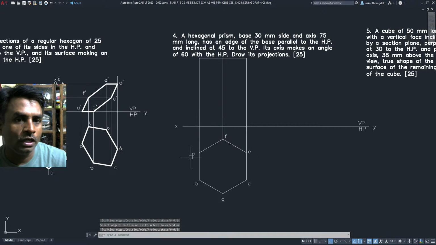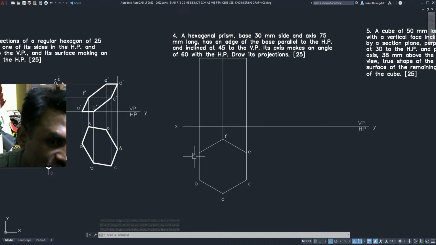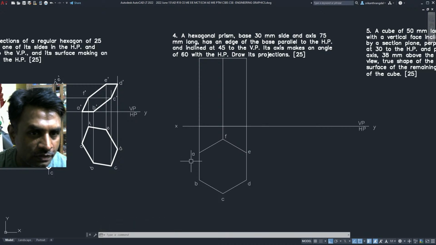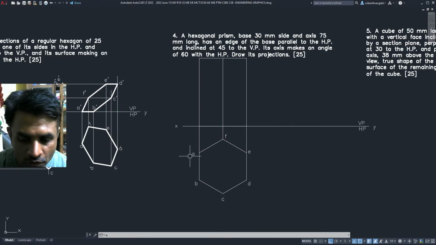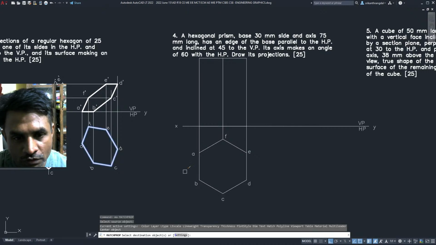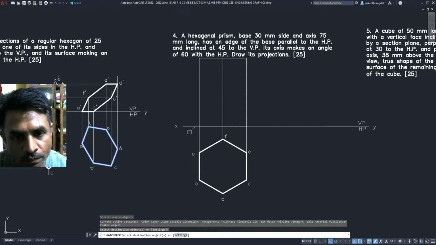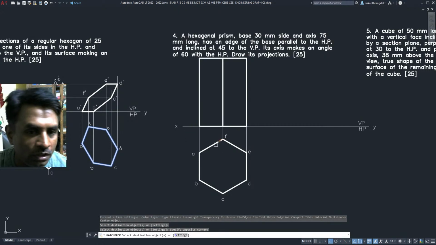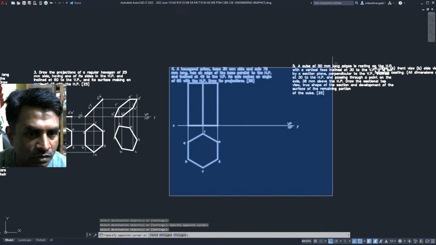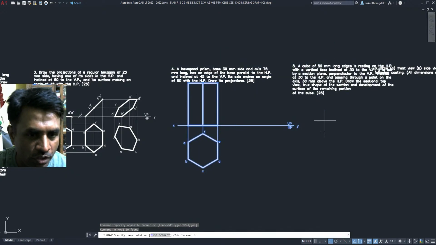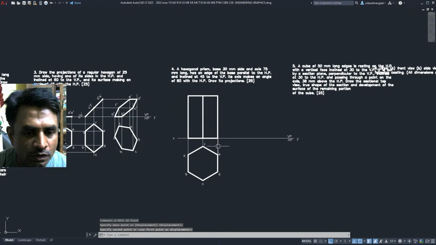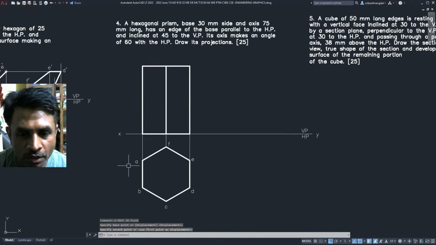Now because this is a prism, there are going to be 2 points located at each of these corners. Let me make that dark to identify where the projections of the edges are located.